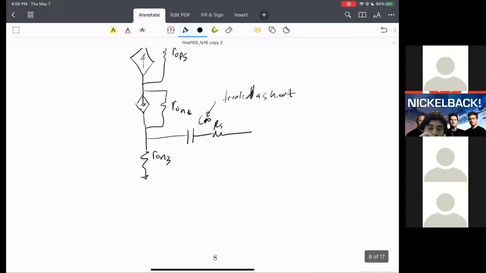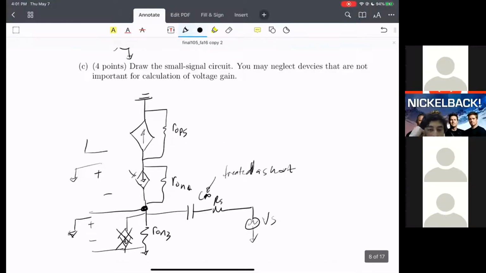So we're actually going to ignore that in a second. So this goes away because this is grounded. This is also grounded, but fortunately we still have this node. So then this stays. And then we have this guy over here. And this guy goes away. So then we're only left with an ROP looking up.